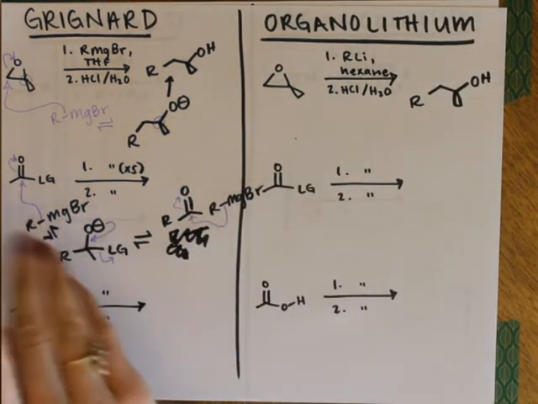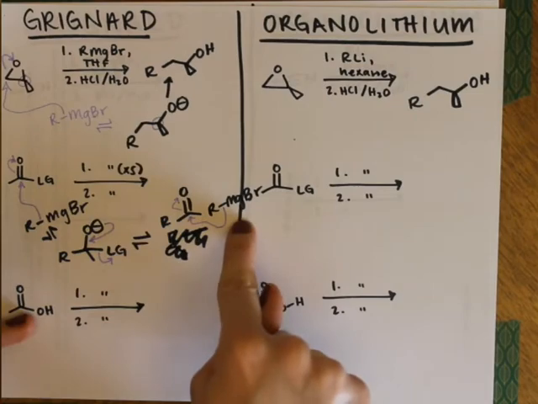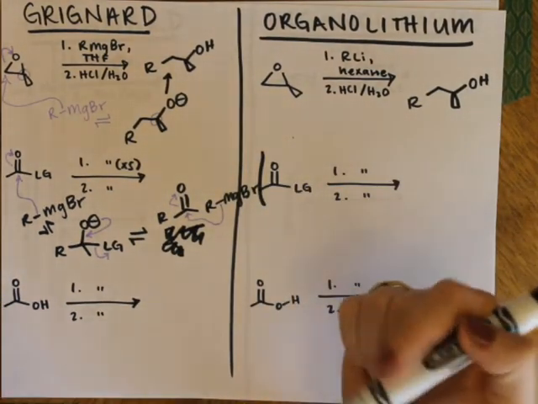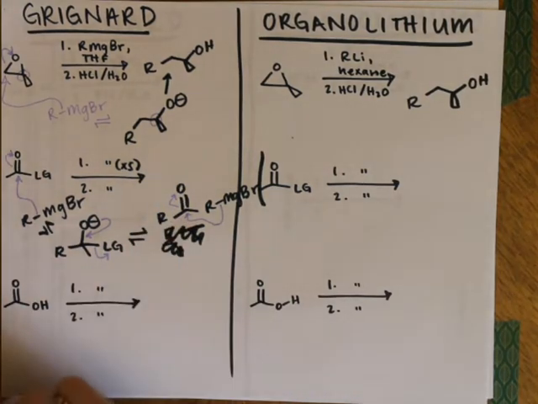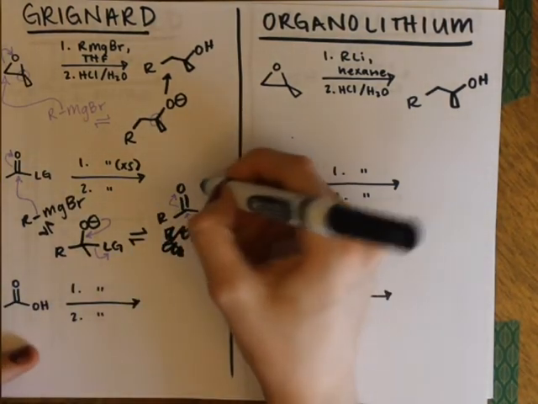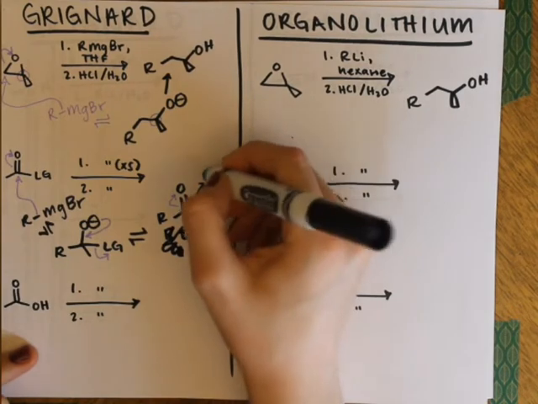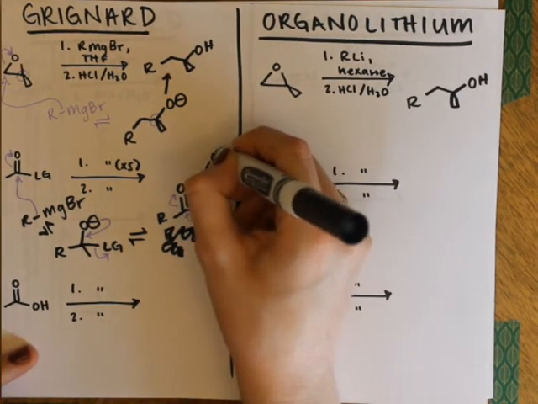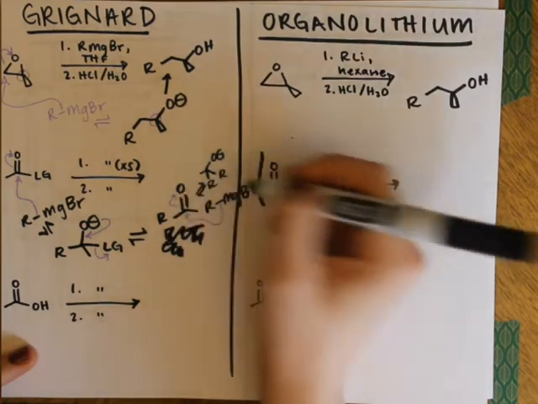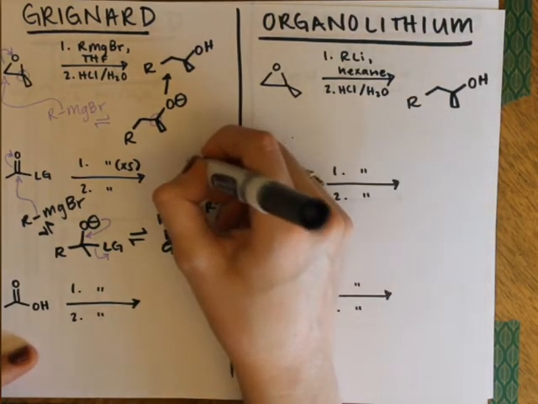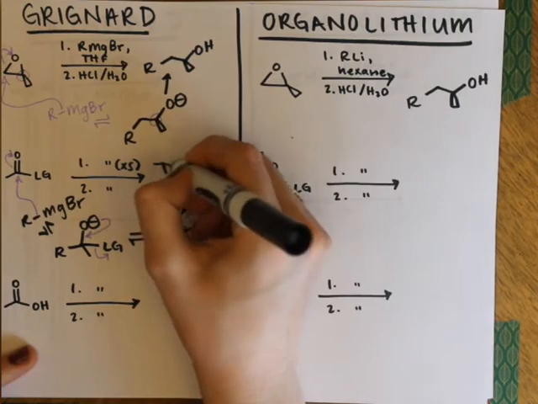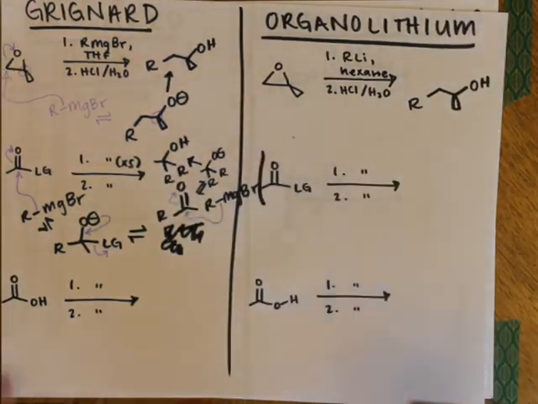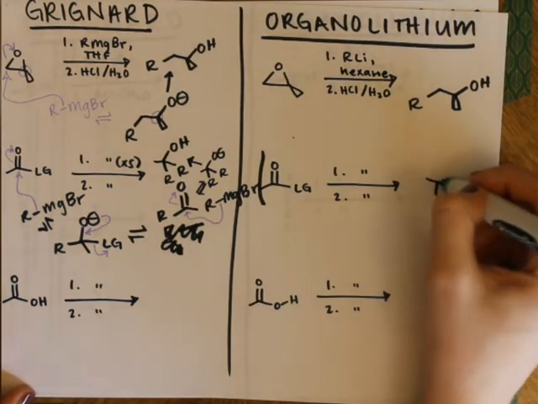Whether I specified excess or not, I have to go all the way through the first step until I literally have nothing left to do. And then I'm going to end up with this, which after my aqueous acid workup step, I just end up with the tertiary alcohol. And this is going to give me the same exact product.